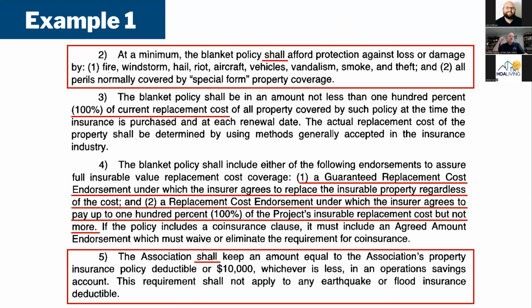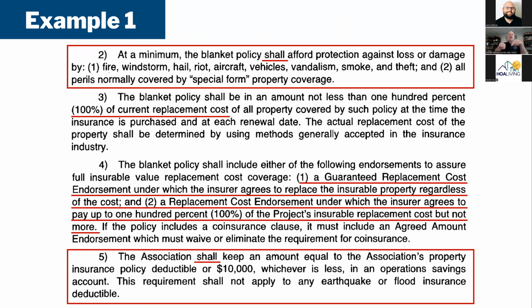This association shall keep an amount equal to the deductible or $10,000, whichever is less, in a savings account. So insurance is great, and one thing we're doing to control costs is raising what the deductibles are, and so to be able to afford them, we increase that deductible.